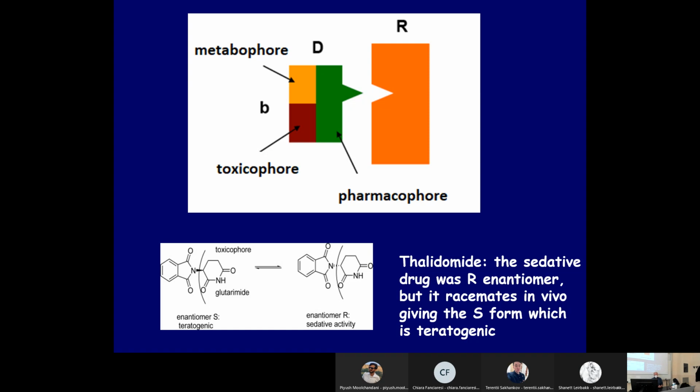If you search on the web for some pictures about the use of this drug, you can find a lot of pictures of children without arms, with a lot of problems. So we have to avoid the presence of this chiral carbon atom if we want to avoid this type of side effects.